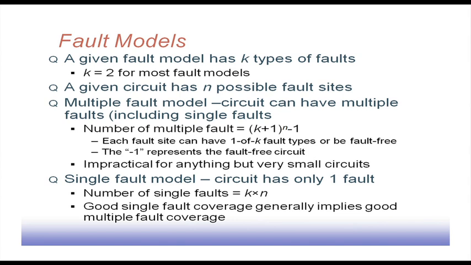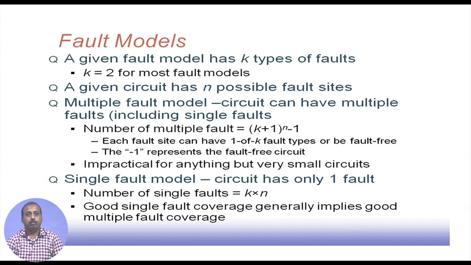types of faults. Now, if a given circuit has n possible fault sites, depending upon the number of lines in the system, there may be n lines, and each of these lines may have a fault. So, there are n possible faulty sites. There can also be multiple faults in a circuit, apart from a single fault.